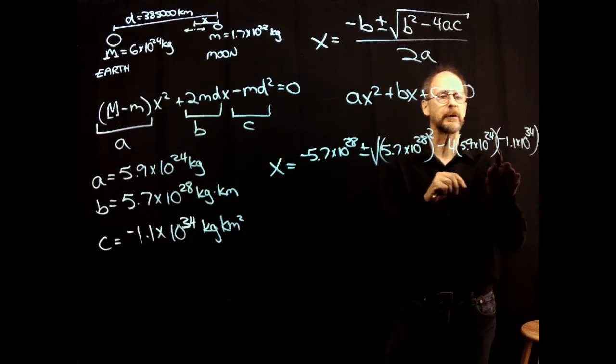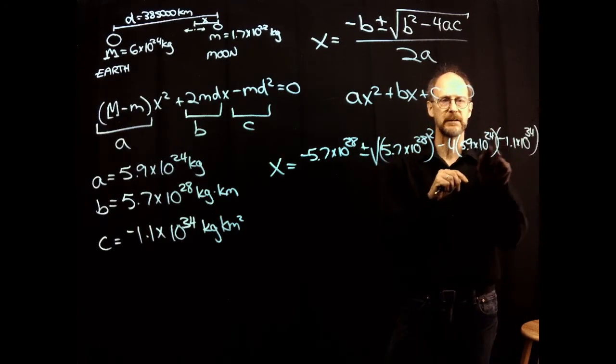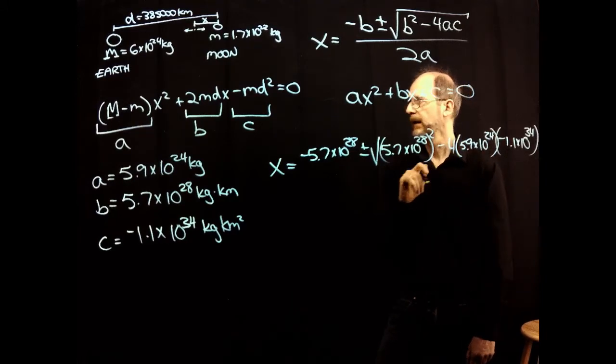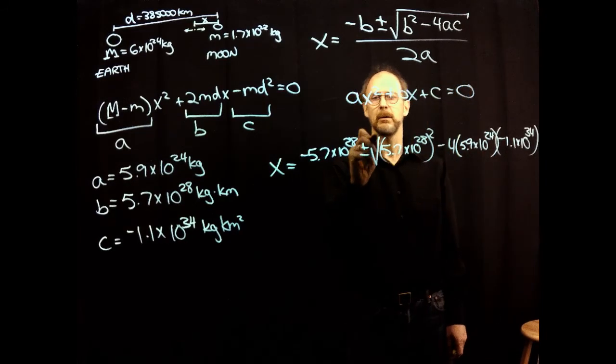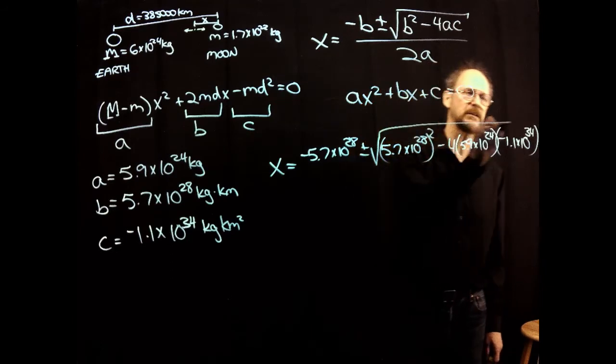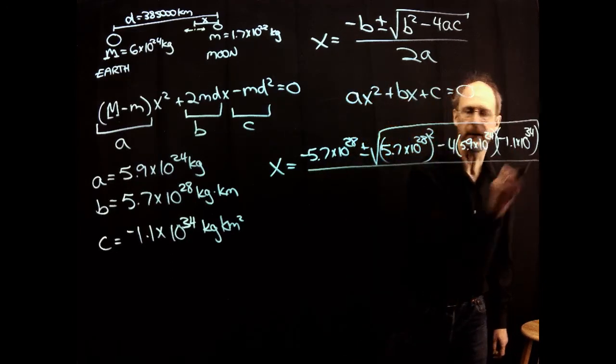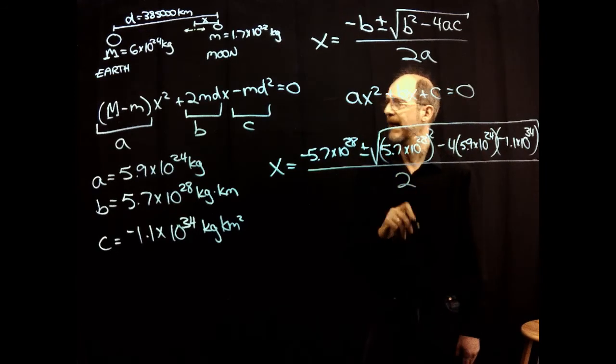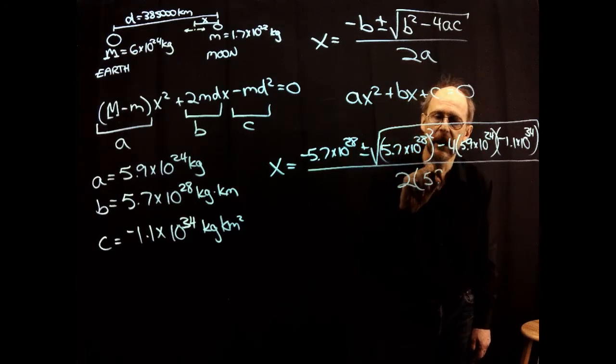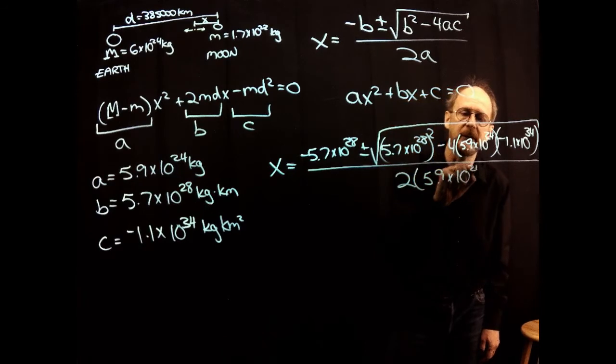Now be careful here, that's multiplying by a negative number, that's not a subtraction. All of that is under a square root. And everything is over 2a, so 5.9 times 10 to the 24.